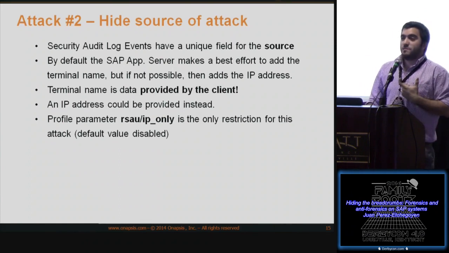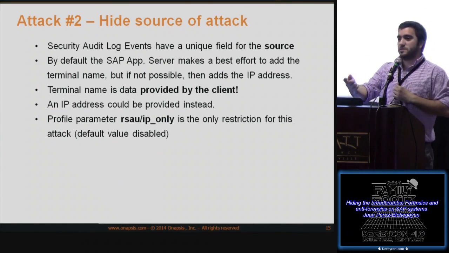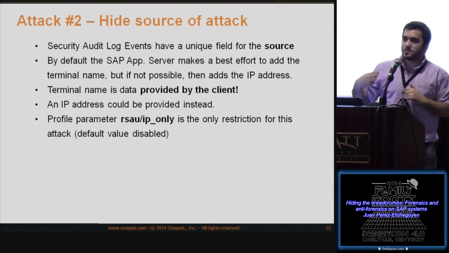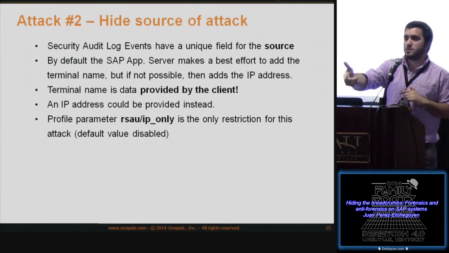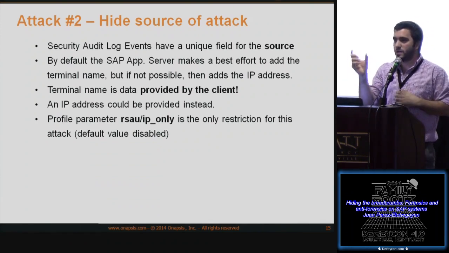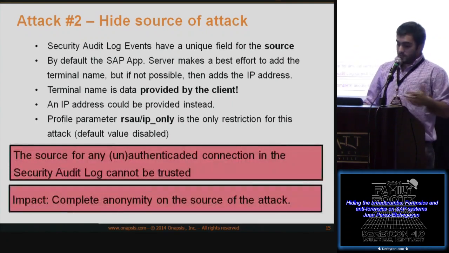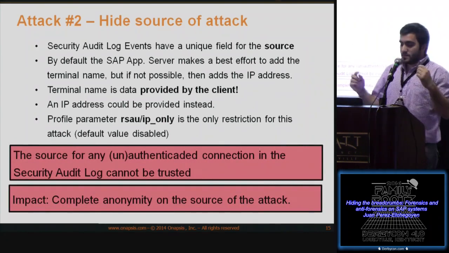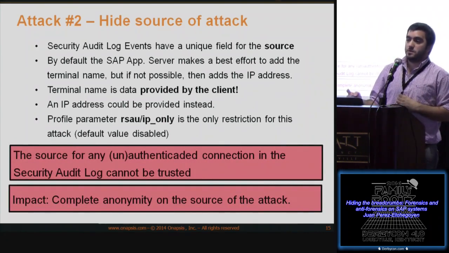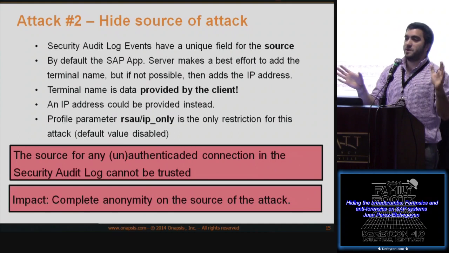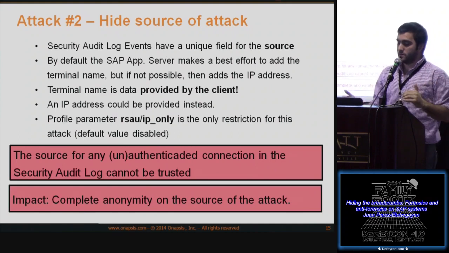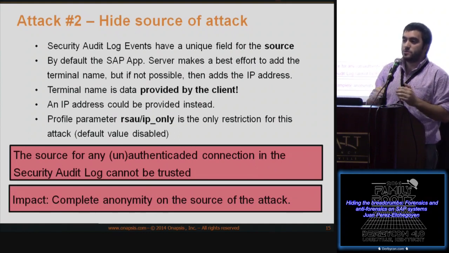And the terminal name is something that we provide as a client, right? So when the client is connecting, it's saying, hey, I'm this client. So we can control that piece of information. So what happens is that it depends on one profile parameter, which is a configuration of the application server, that determines how the system is going to behave.